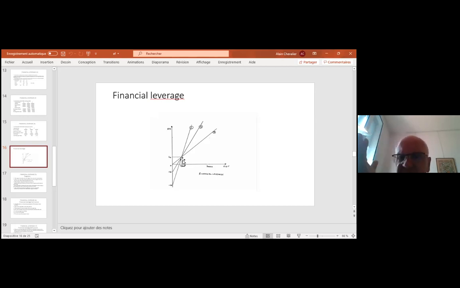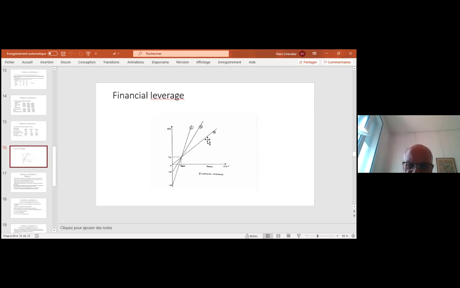It seems, but we have to generalize, that the earning per share at this level of EBIT is completely independent from the financial structure.